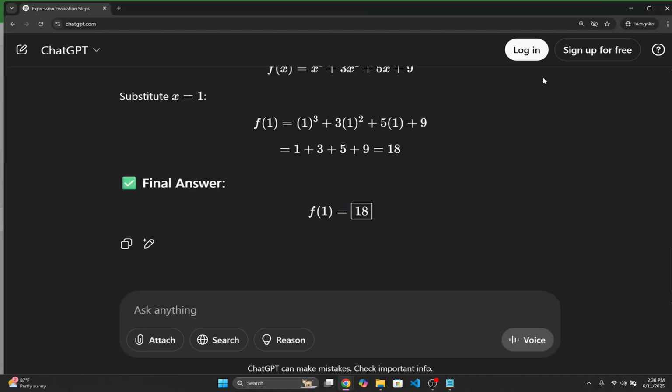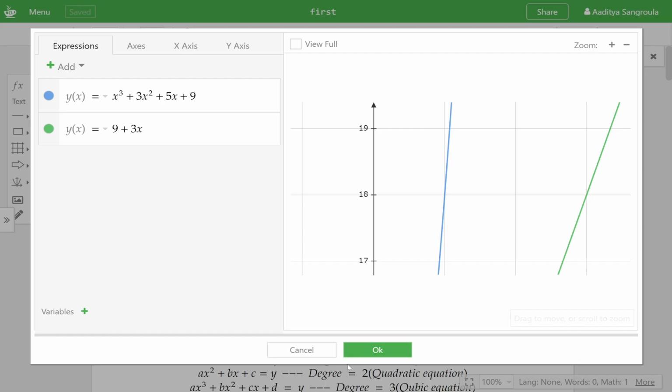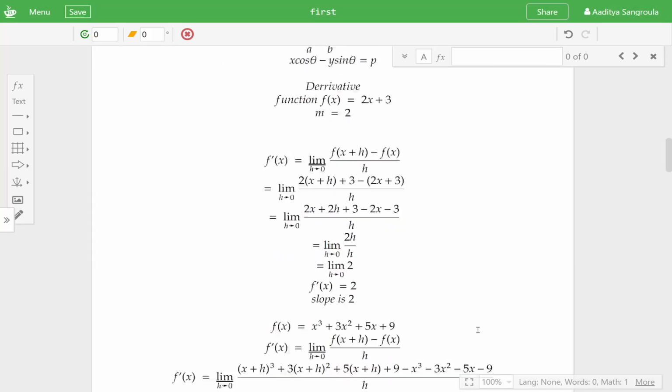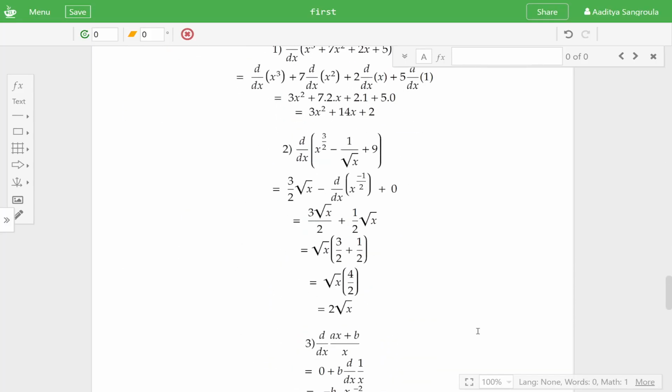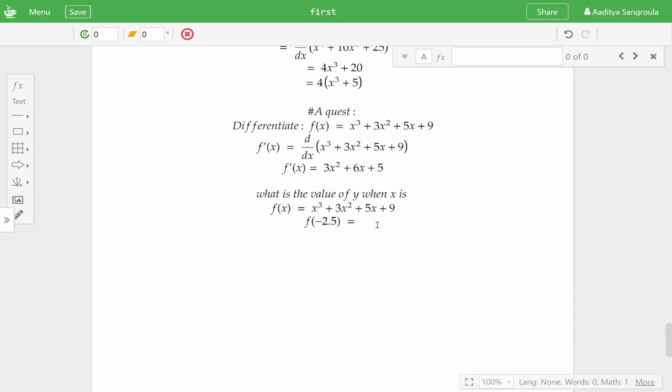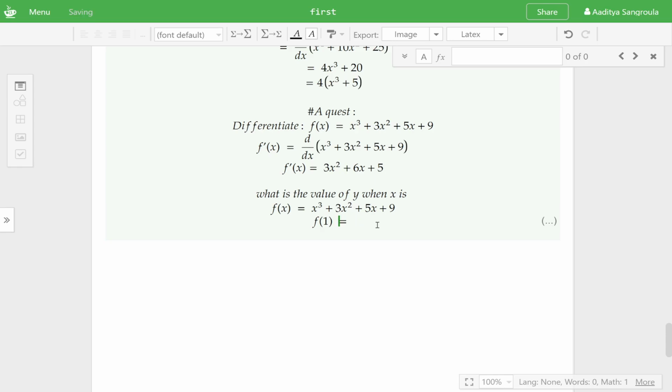So when we plug in the value of x, we get out the value of y. So similarly, let's use 1, and that's 18.